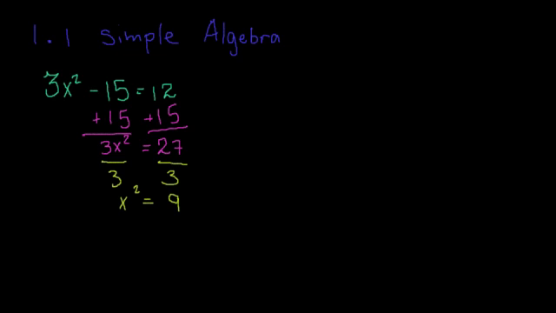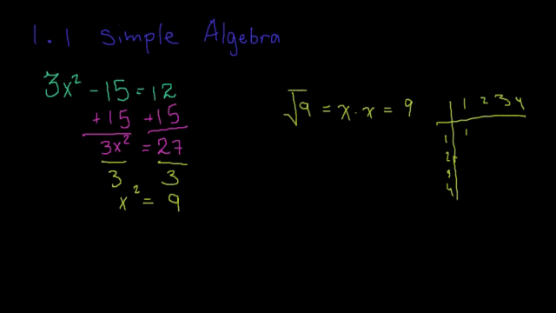27 divided by 3 is equal to 9. Now, the square root of something, so let's say the square root of 9, just finds the number that if multiplied by itself is equal to 9. You can take a look at the multiplication table. 3 times 3 is equal to 9.